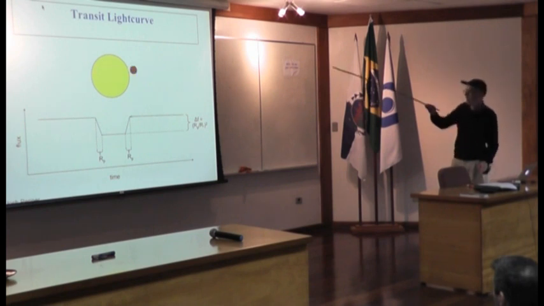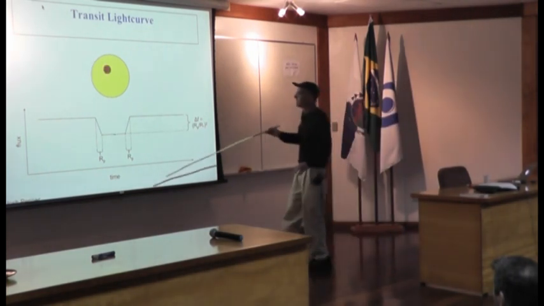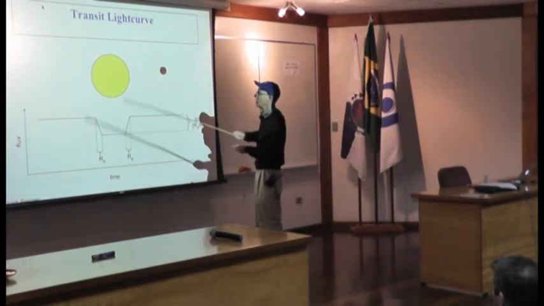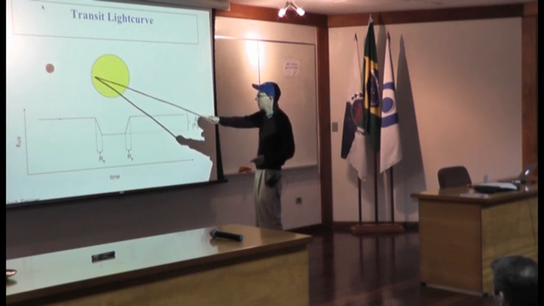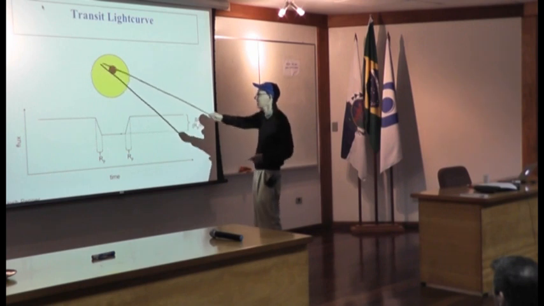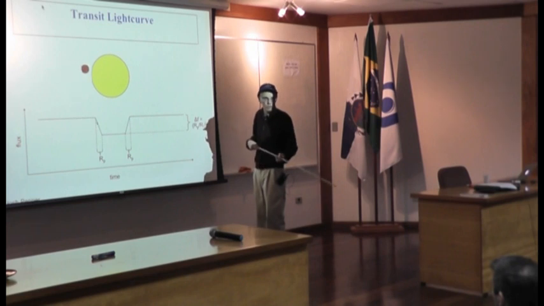The way that drop goes down gives us some information on the planet too. Also, if it's at a high, what we call impact parameter. Zero impact parameter is right across the center. High impact parameter is going near the pole.